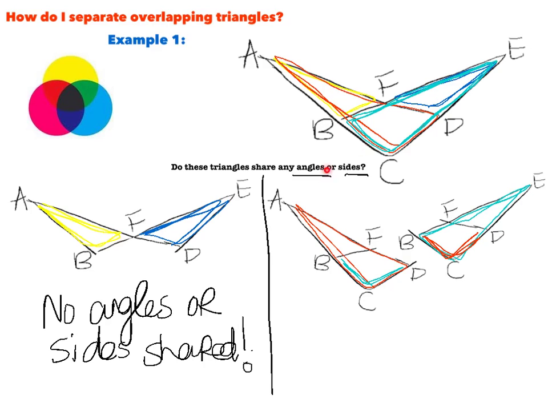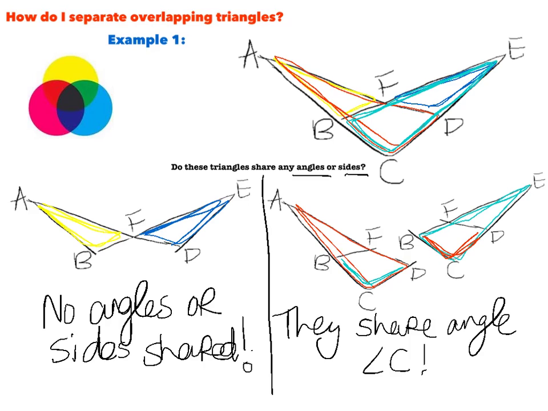And if they overlap on a side, they would only overlap on a segment. So the question is, do they overlap on one side or 2 sides? If they overlap on one side, then it's a side. If they overlap on 2, then it's an angle. I'm hoping you're noticing that they overlap on 2, specifically that they share an angle, and it's angle C.